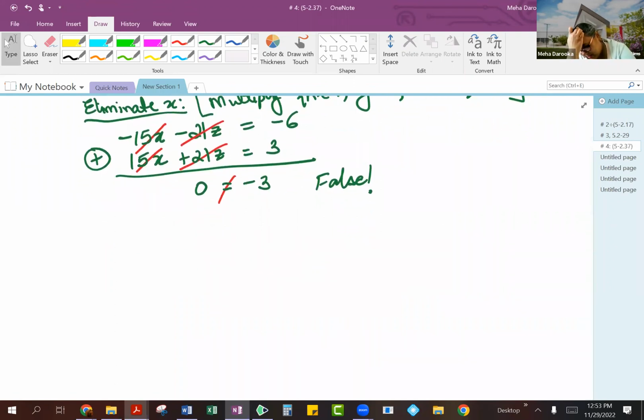Because we didn't get an answer for z as we were hoping it would be. But instead we eliminated y. Now your x and z also canceled out. So all your variables are gone. Yeah, this is what happens when you have an inconsistent system with no solution.